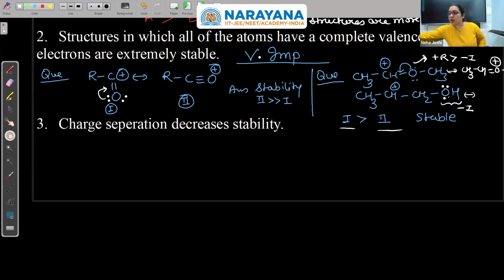And when work is done on that molecule, definitely the potential energy of that molecule is increased. If the potential energy is increased, then that structure is becoming unstable because its energy is increasing. So if charge separation is done, there will be a decrease in stability.